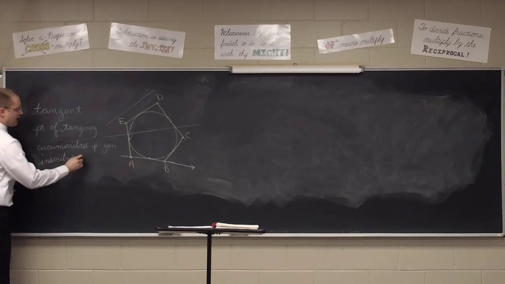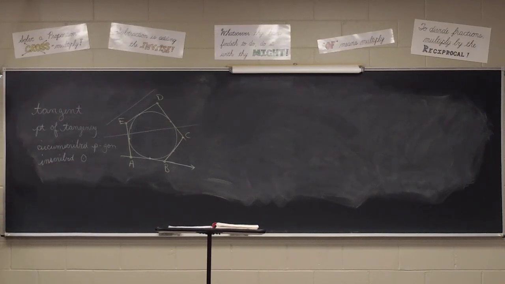And then an inscribed circle would be the circle inside the circumscribed polygon. So the circle is inscribed when the polygon is circumscribed around it. An inscribed circle, circle within a circumscribed polygon.